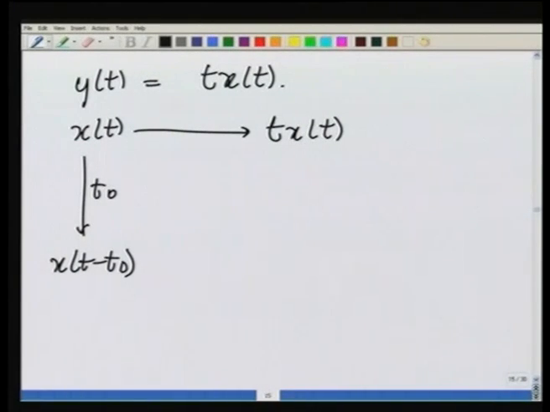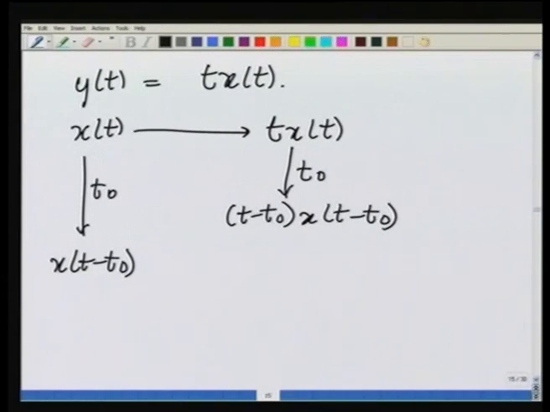Now, what happens when you time shift the signal t x(t)? When you time shift a signal by t naught, you have to replace every occurrence of t by t minus t naught. And so, if t x(t) is subjected to a time shift of t naught, the output would be (t minus t naught) x(t minus t naught).